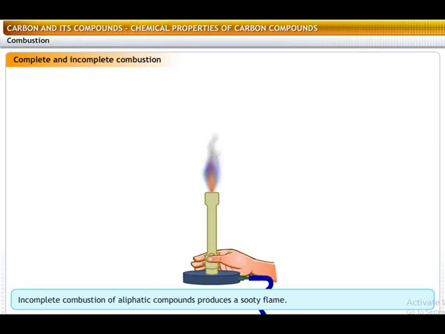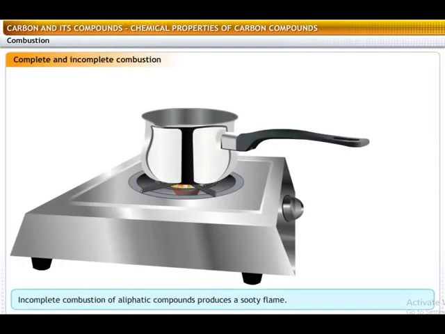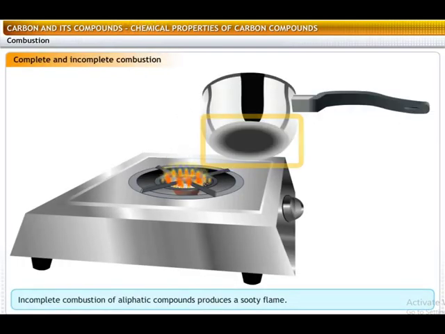This is because there is insufficient oxygen available for complete combustion. So we can conclude that saturated compounds on incomplete combustion produce a sooty flame. This is why the bottoms of pots and pans get blackened by the flame from domestic gas burners when the air holes have not been cleaned for some time.